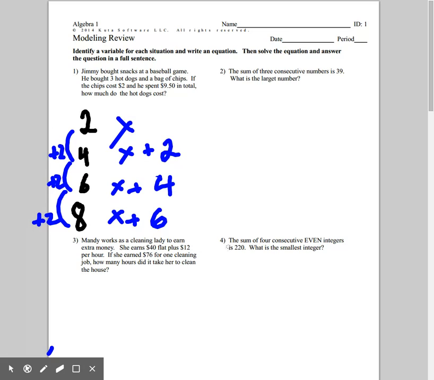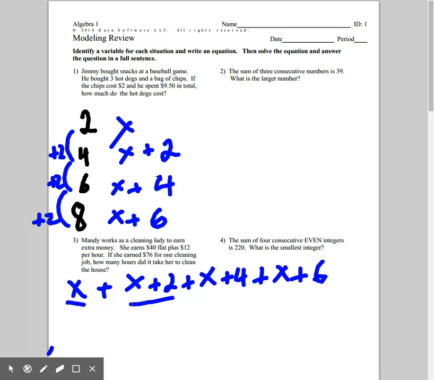All right, so the sum of these consecutive even numbers. So let's do it. x plus 2, x plus 4, x plus 6. And don't forget we start off with x, right? So we're adding all these up. So I have it here, I have it here, I have it here.